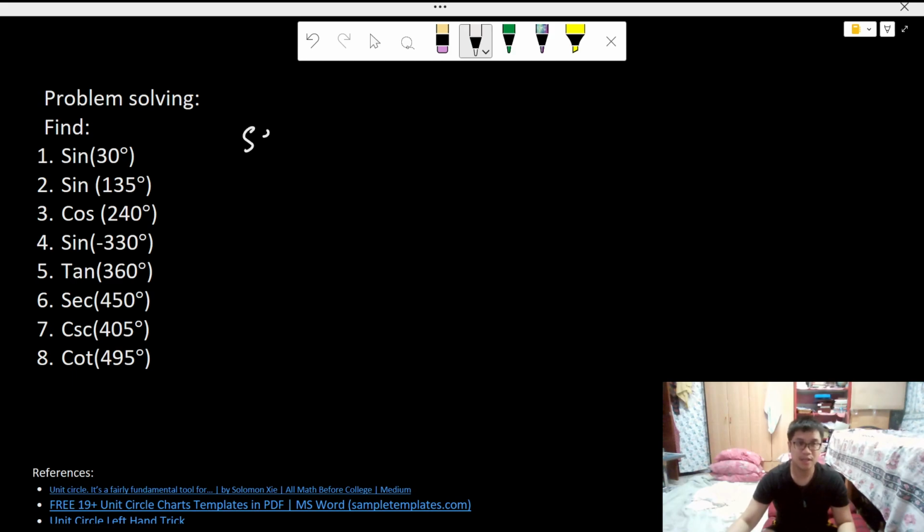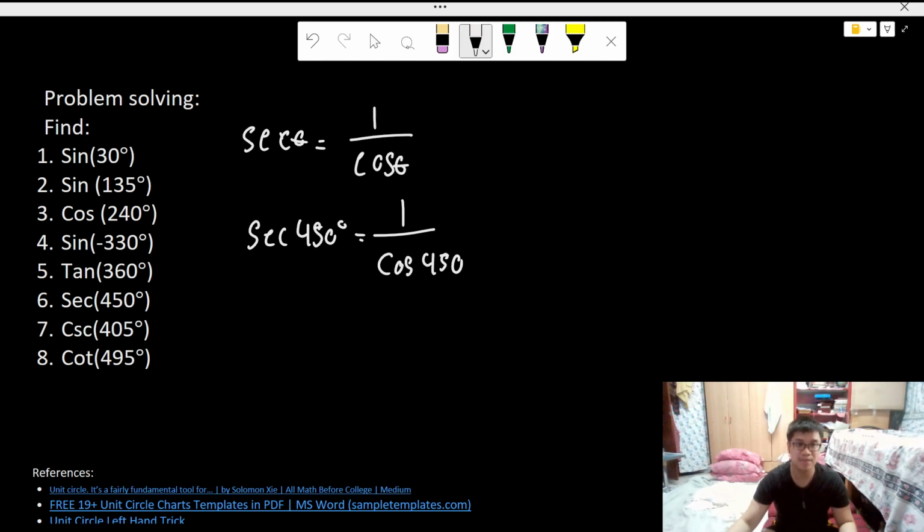Remember that secant theta is just the reciprocal of cosine theta. So secant is equal to 1 all over cosine. So we have secant of 450 degrees, which is the same as 1 all over cosine of 450 degrees.